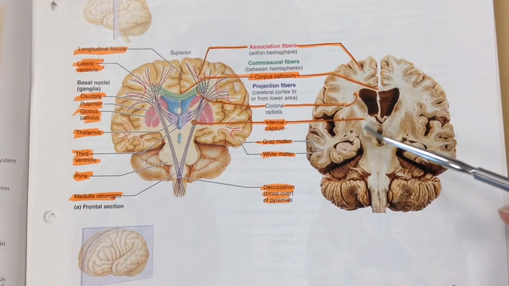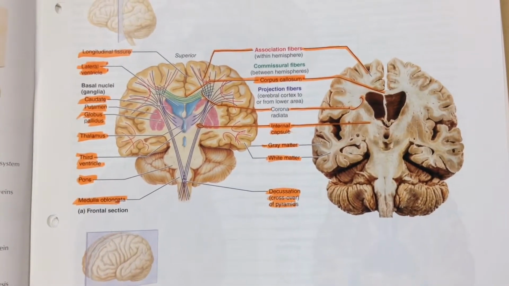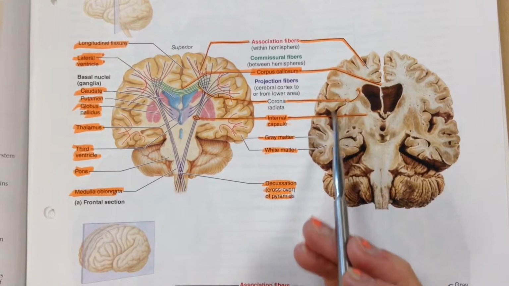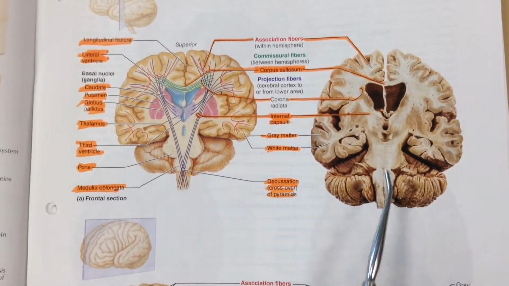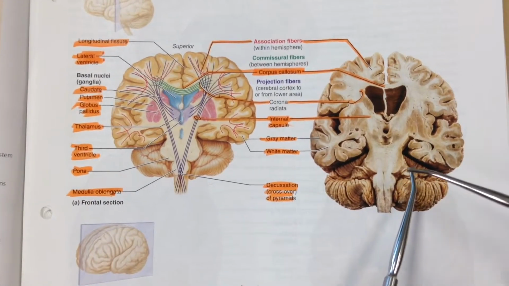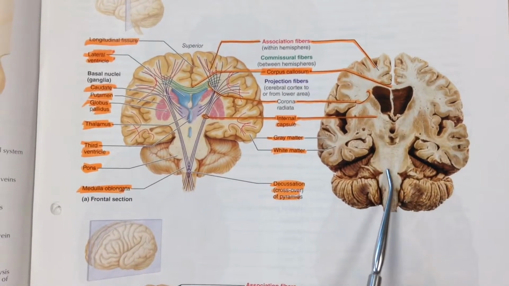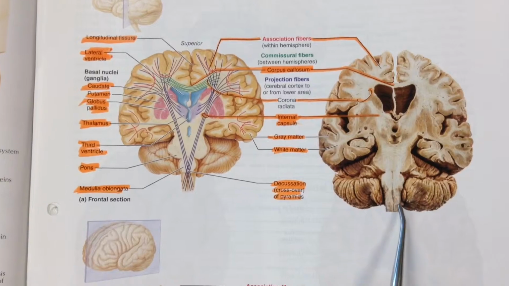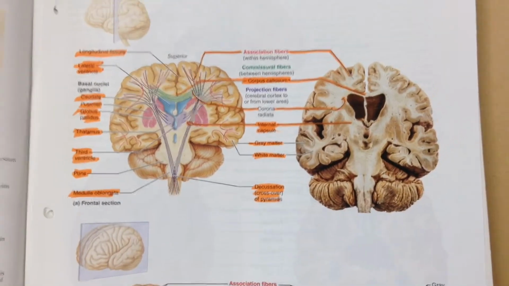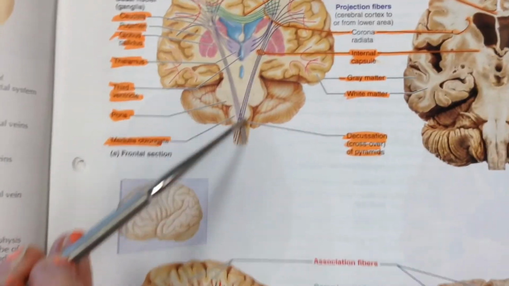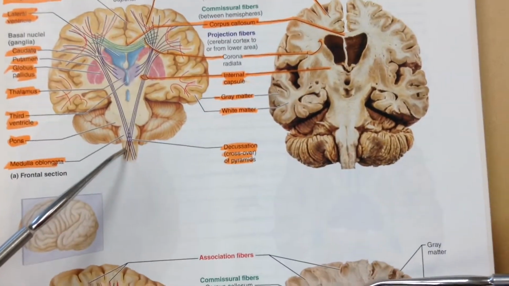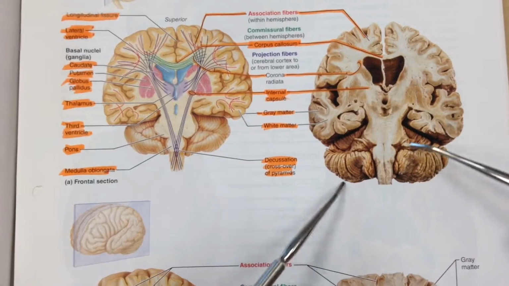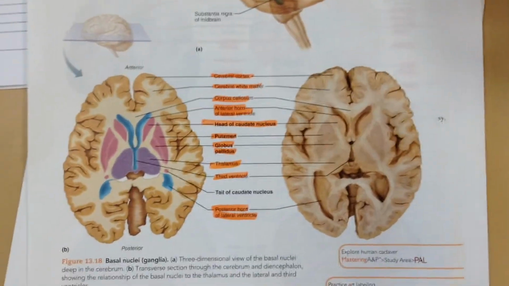The insula, it's just this. The pons, which is this, the medulla, pyramidal decussation, which is more this side, just the crossover of pyramids, and the cerebellum.